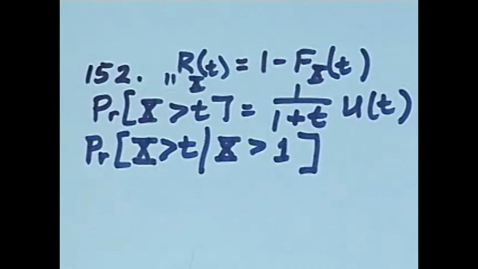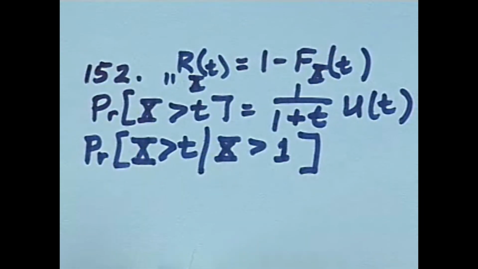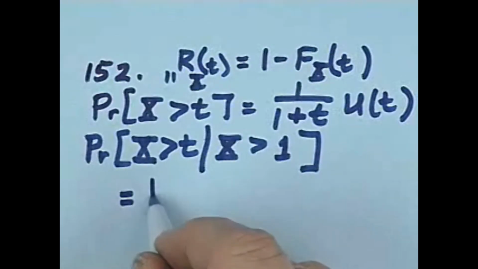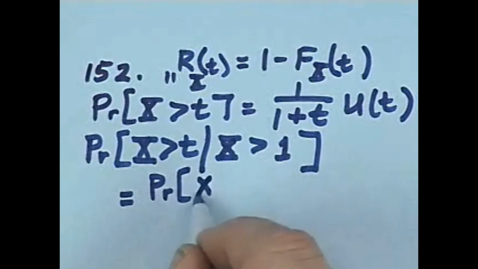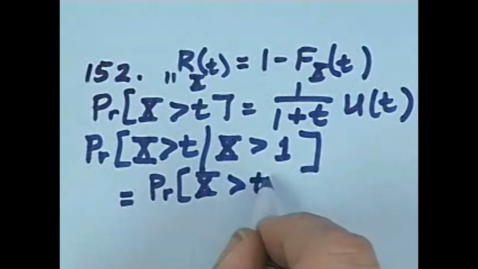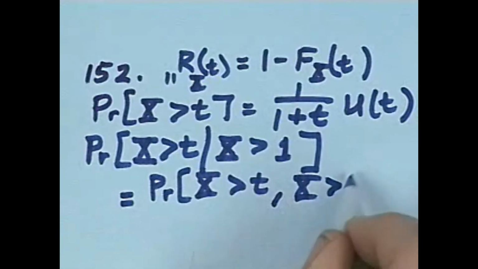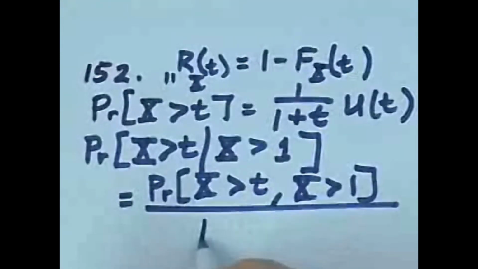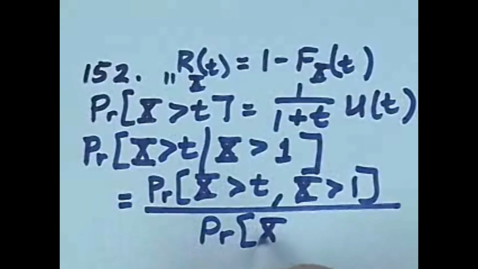So we know that they didn't fail between 0 and 1. This then becomes a conditional probability statement, which is the probability that x is greater than t and x is greater than 1, divided by the probability that x is greater than 1.